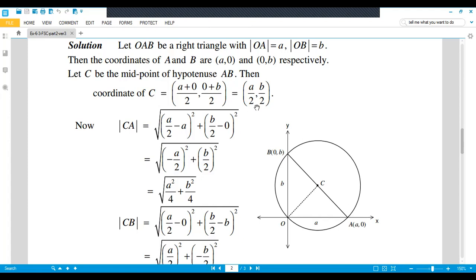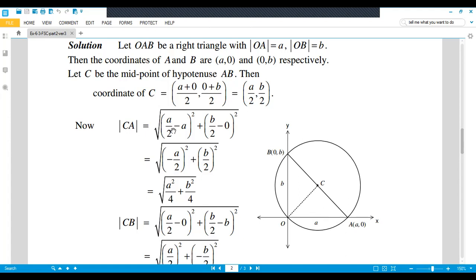Now we have to find the distance from C to A. With the distance formula, that is the square root of x2 minus x1 whole square plus y2 minus y1 whole square. The coordinates of C are a over 2 and b over 2. So a over 2 minus a whole square plus b over 2 minus 0 whole square.